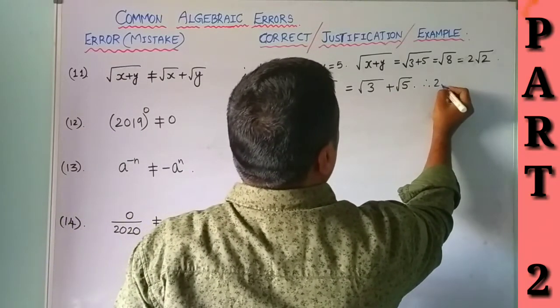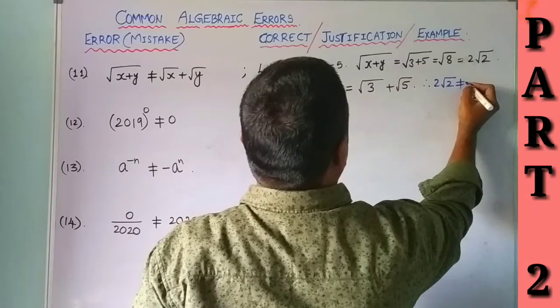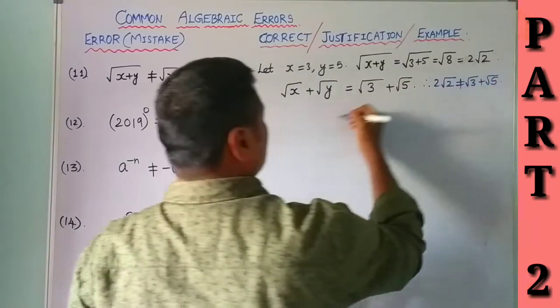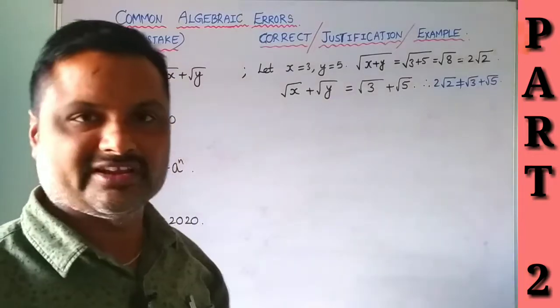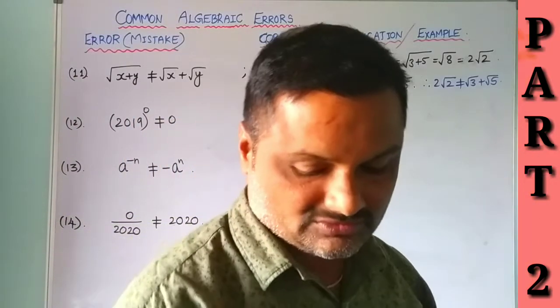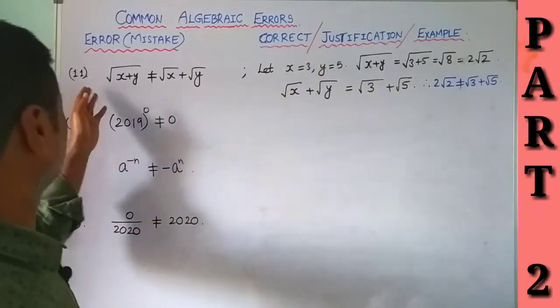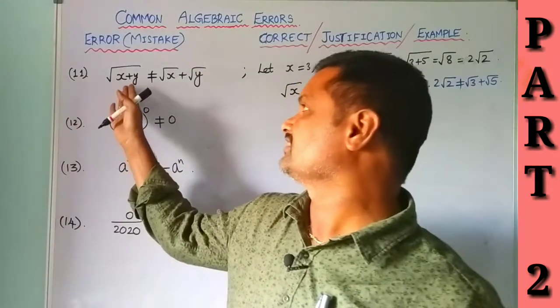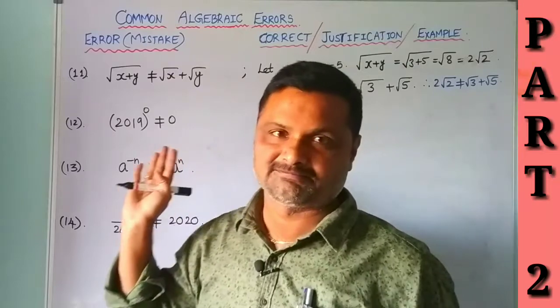Therefore 2 root 2 is not equal to root 3 plus root 5. Hence root of x plus y is not equal to root x plus root y. So whenever you get this, please don't apply this.